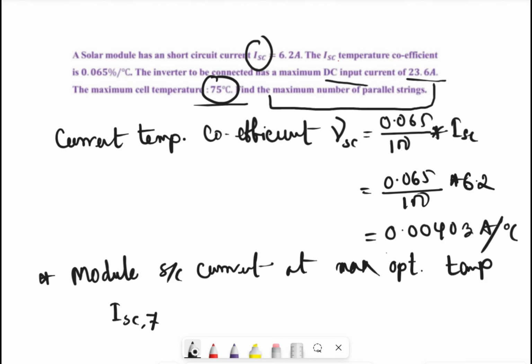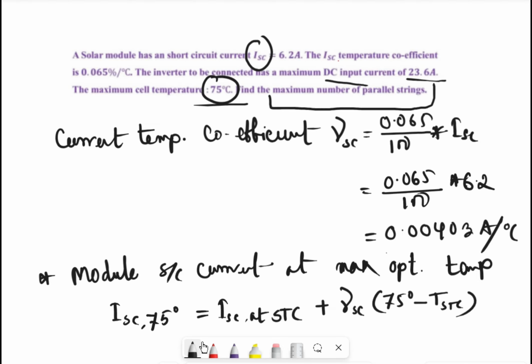So ISC at 75 degrees Celsius is equal to the short circuit current at STC plus the current temperature coefficient of short circuit, times the temperature difference, which is 75 degrees Celsius minus the STC temperature.